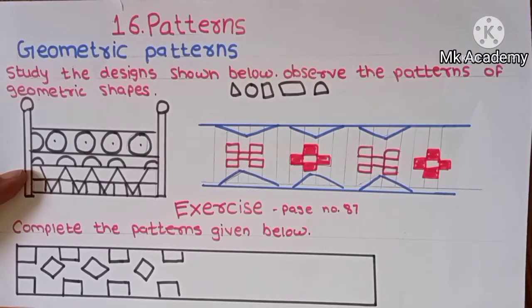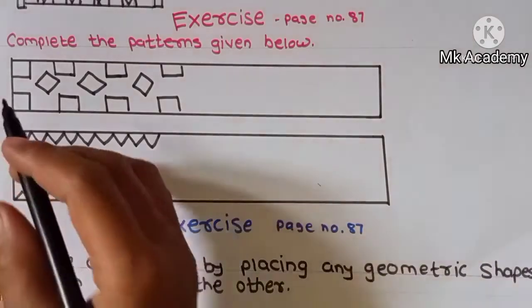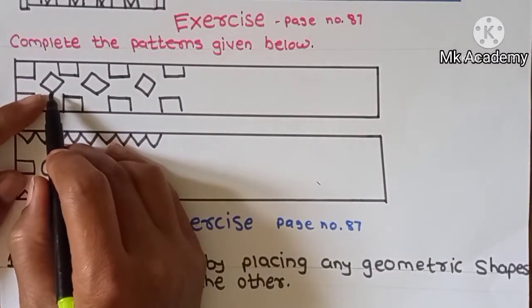Complete the pattern given below. See, in this pattern there are two squares, then a diamond shape.